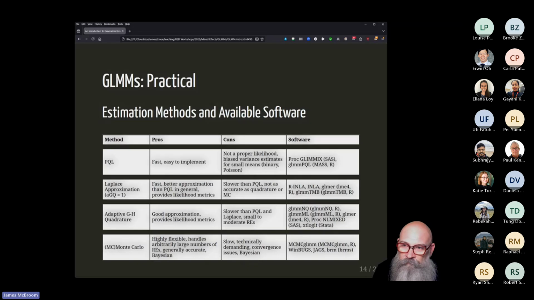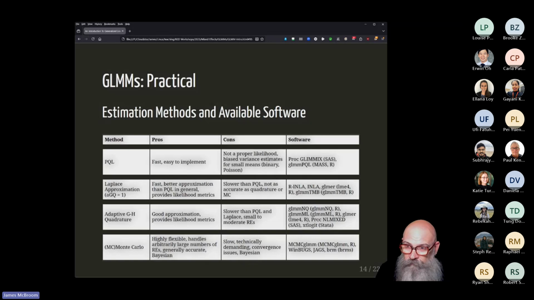Same with GLMMML. It'll do adaptive Gauss-Hermite quadrature, but it'll only do it on one single random intercept effect in your model. So you're limited there. If you need more than one random effect, you probably have to use Laplace in the previous row.